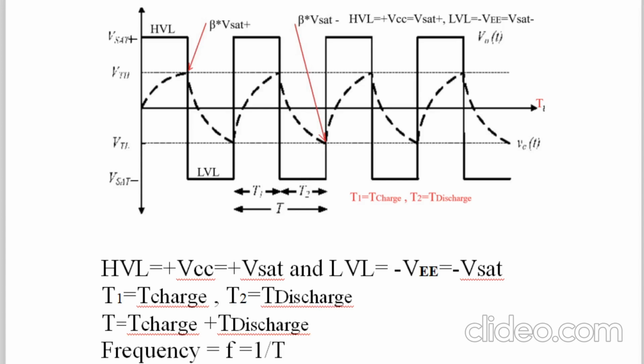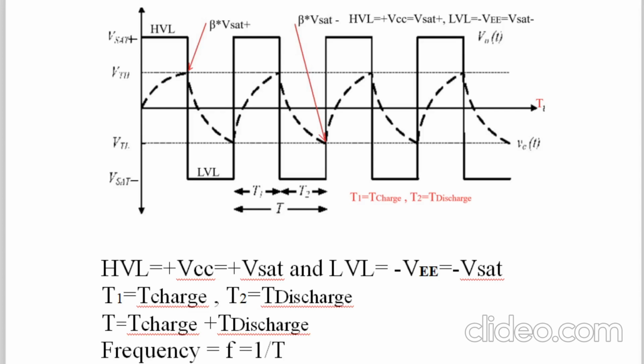As I discussed already, T charge depends on 4 factors. Factor number 1, R value. Factor number 2, C value, because the capacitor charges through R. If R is in mega ohm, less current will go and the capacitor will take a long time to charge. If the capacitor is very big, it will also take long to charge. Secondly, to what value do you want to charge the capacitor?